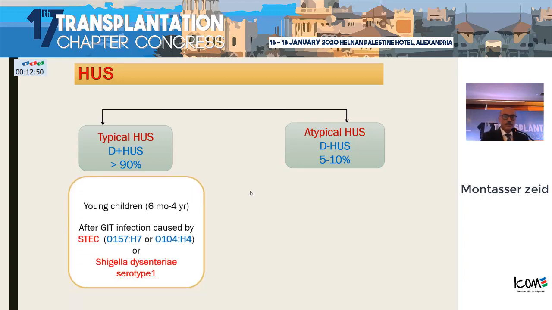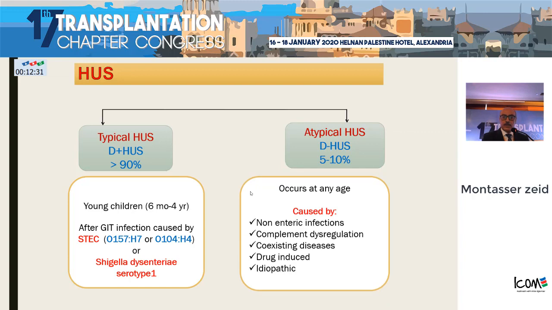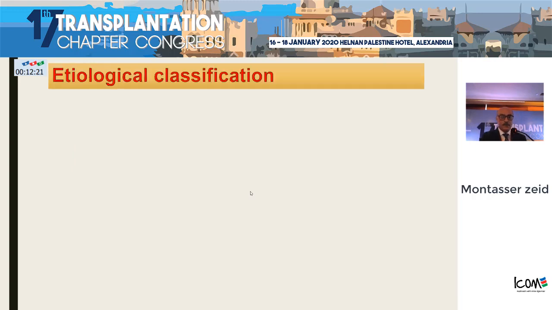Typical hemolytic uremic syndrome usually occurs in young children from 6 months to 4 years and after GIT infection caused by Shiga toxin E. coli strain O157 or Shigella dysenteriae serotype 1, and atypical hemolytic uremic syndrome occurs at any age and is caused by non-enteric infections, complement dysregulation, coexisting diseases, drug-induced, or idiopathic.